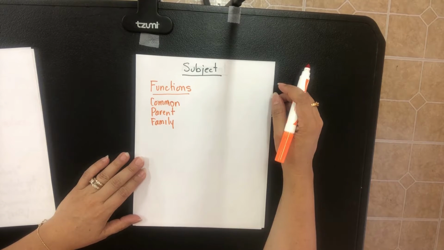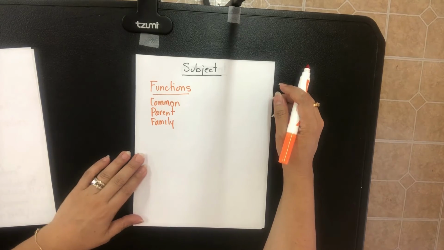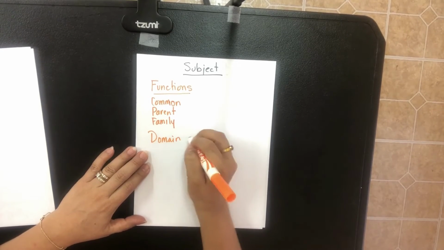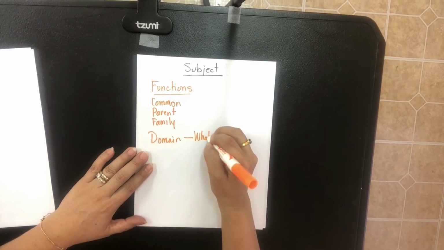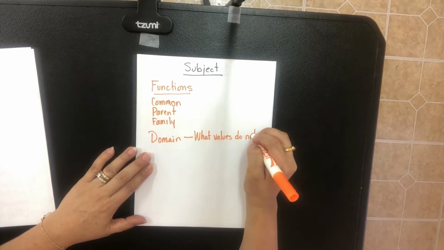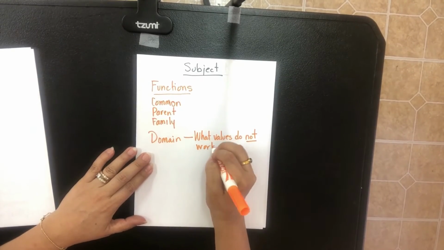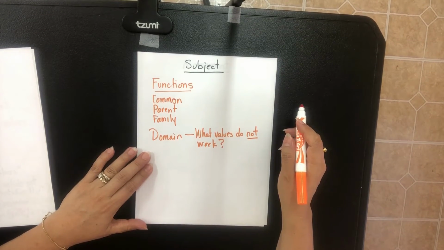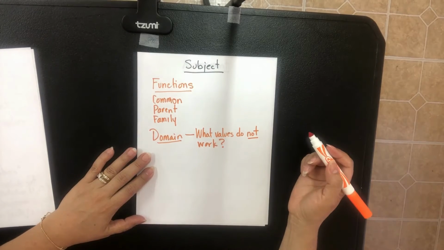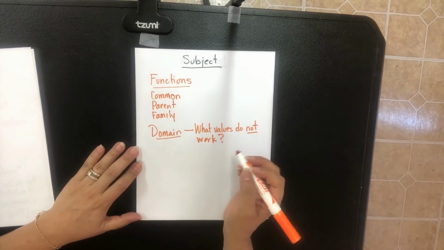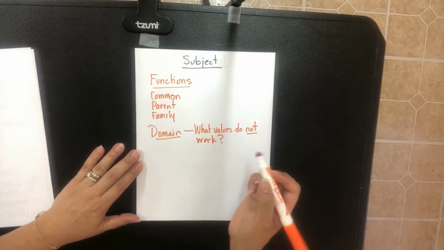When it comes to domain, it's really important to talk about not what values work, interestingly enough, but what values don't work. So what values do not work? That's actually an easier question to answer because we know what functions are going to cause us problems.